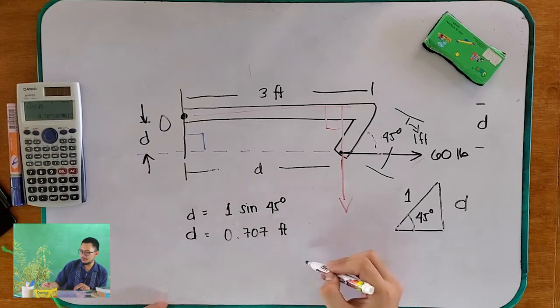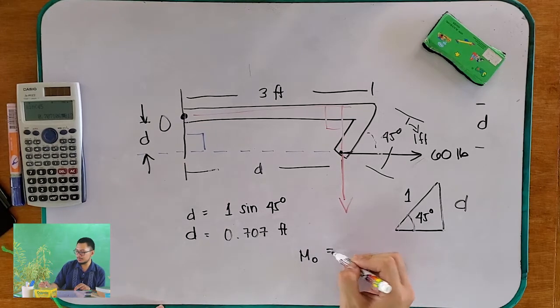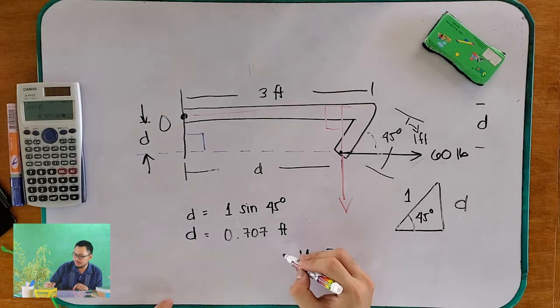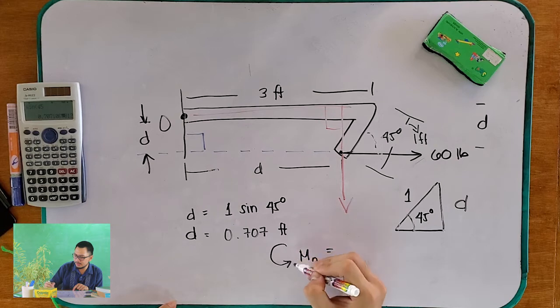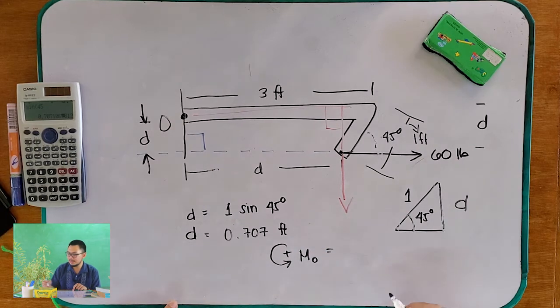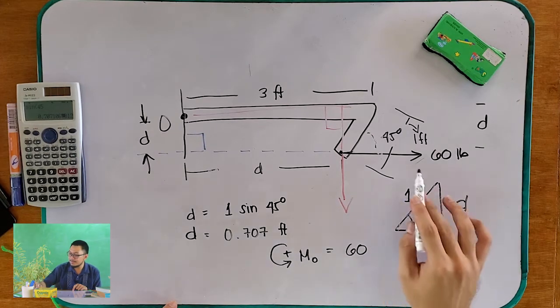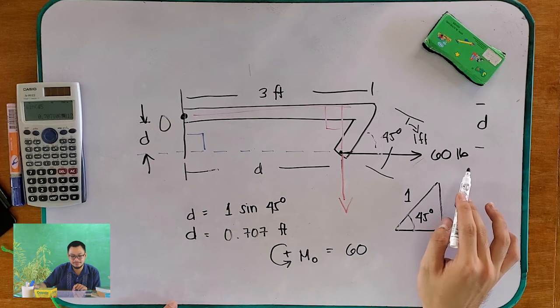We're not done yet because what we're looking for is the moment about point O. So your moment about point O, again, you should specify the direction. So let's say the positive direction is counterclockwise. Okay? Moment at point O is equal to 60 pounds. Is this a positive moment?